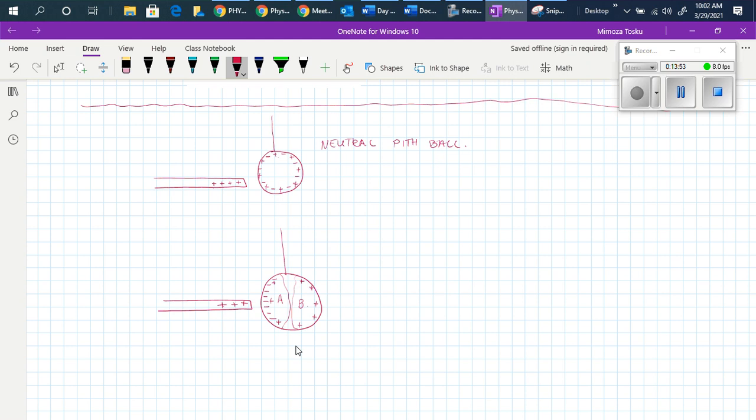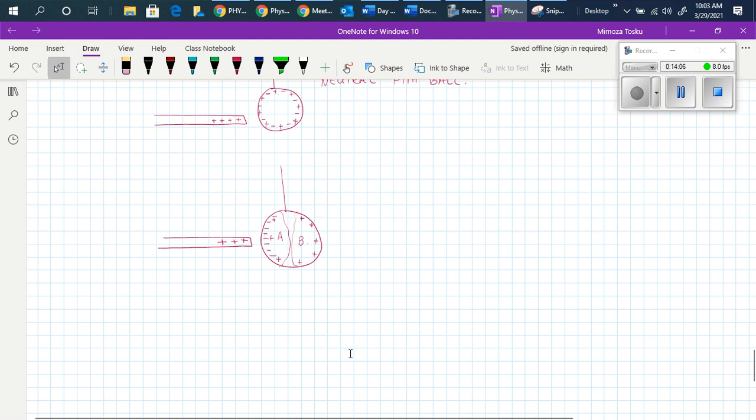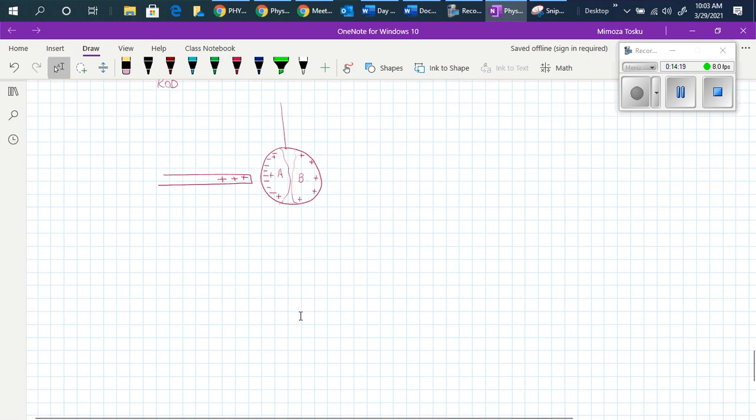Okay. Now, since we have more negative than positive on area A, then based on the general law of charges, the rod and the pith ball will interact with each other. So therefore, what will happen is that the pith ball will experience an attraction force.